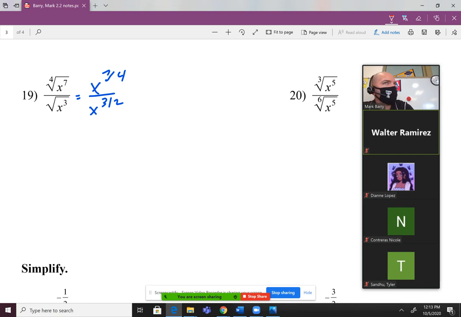All right, let's make a common denominator. Can I turn 2 into 4? Yes. Multiply it by 2/2. So I get x to the 7/4 over x to the 6/4.